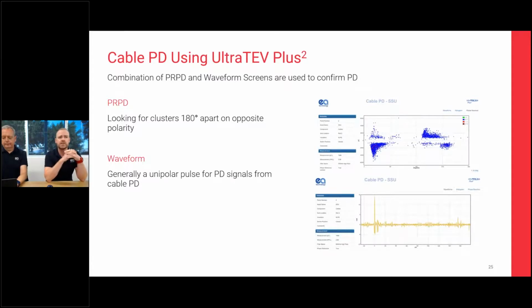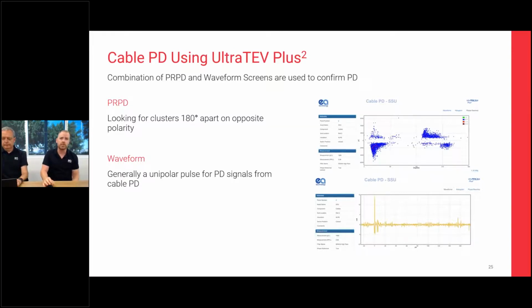You can see the phase resolved partial discharge pattern. You're looking for clusters that are 180 degrees apart along the sine wave and looking for certain patterns. You'll also capture those waveforms and those fast, high frequency pulses, and that will all be recorded by the user of that instrument to be later analysed in your software.